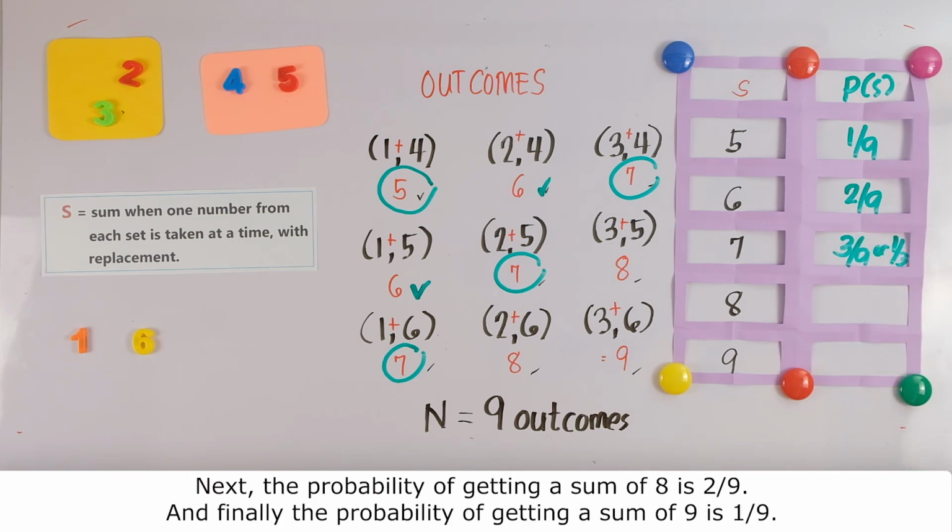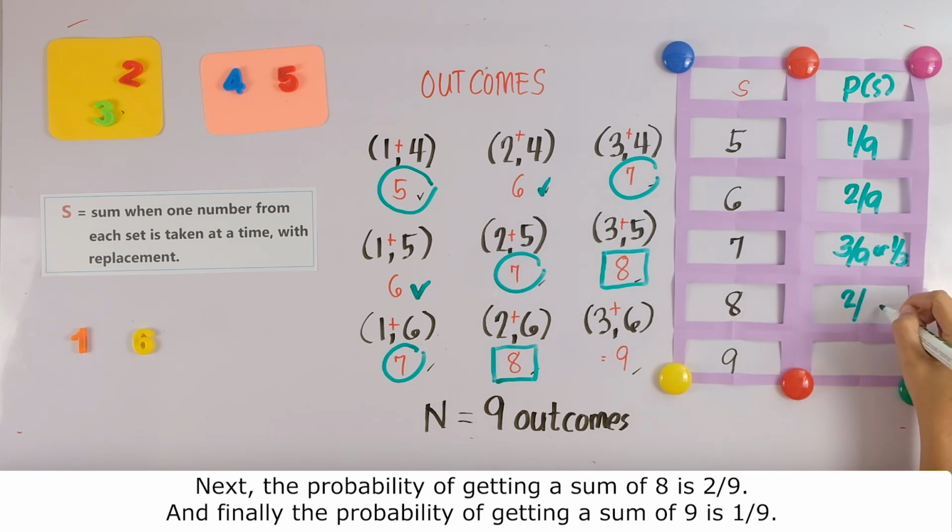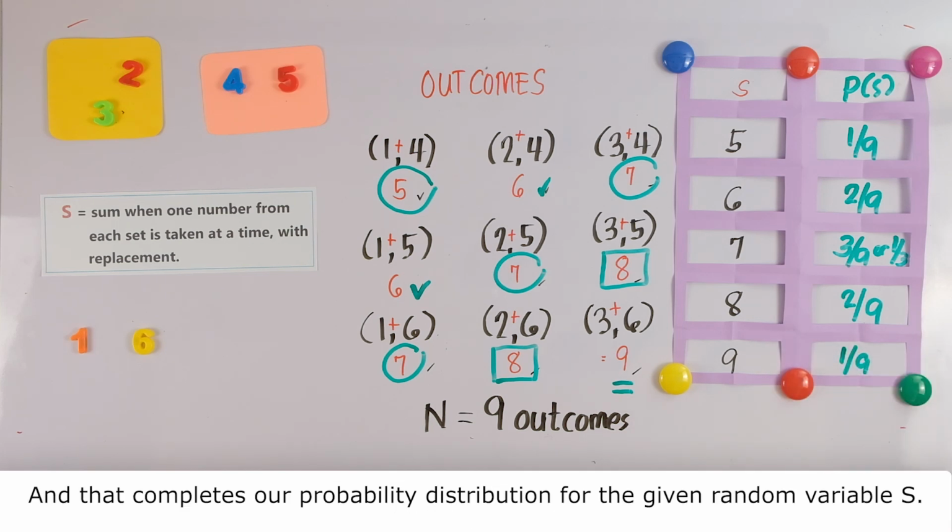Next, the probability of getting a sum which is equal to 8: we have 2 out of 9 outcomes. And finally, the probability of getting a sum which is equal to 9 is 1 out of 9. And that completes our probability distribution for the given random variable S.